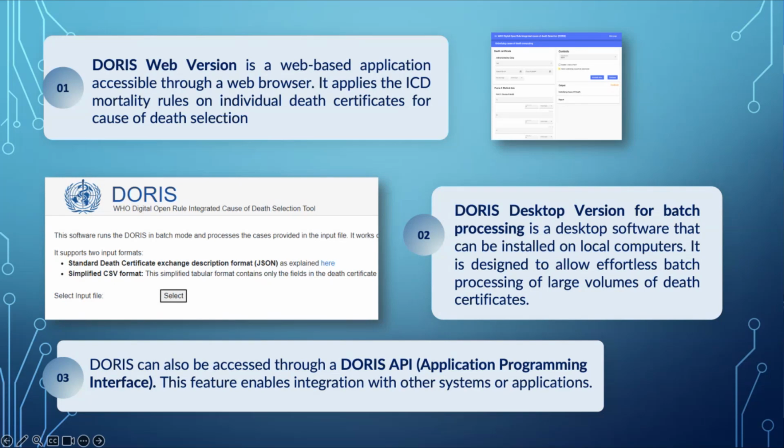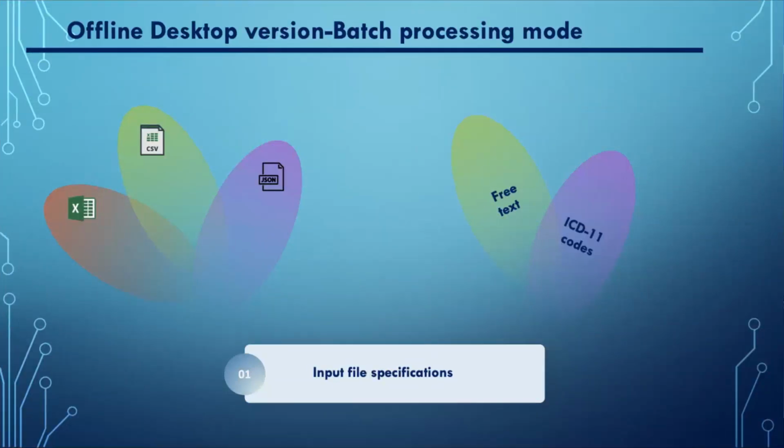And this is the screen I'm showing here on the left-hand side. And also, you can access DORIS through the APIs that Chan mentioned earlier, and we will talk about them more in detail in other presentations. And then in the next release, we will have the new version of DORIS in the APIs of the 2024 version of ICD-11. It's important to mention that the offline tool has two different inputs.